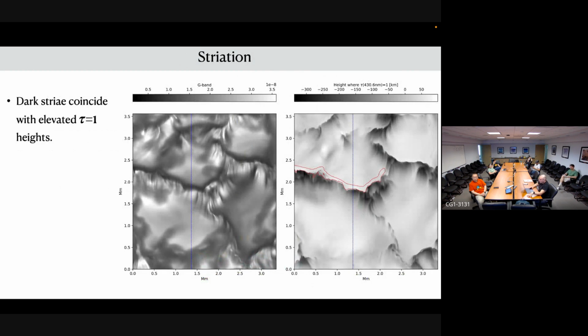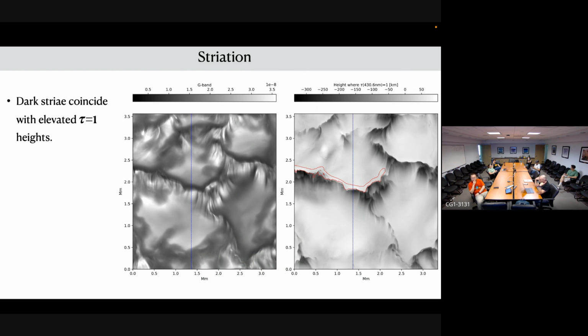Okay, now how about striation? So this tau equal 1 layer map clearly shows that dark striations coincide with elevated tau equal 1 heights. So there is a perfect match, right, between those fine structures seen in that tau equal 1 map and G-band filtergrams. The difference between formation heights is really small in many cases.